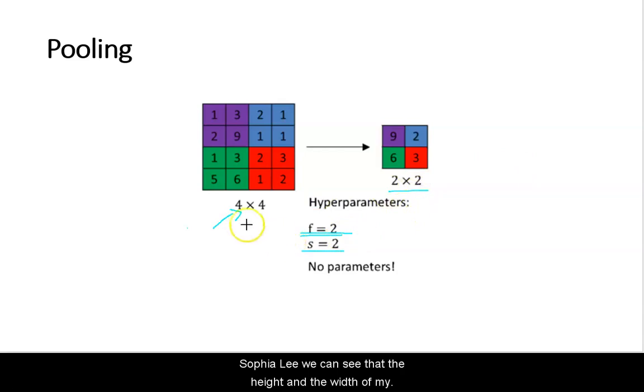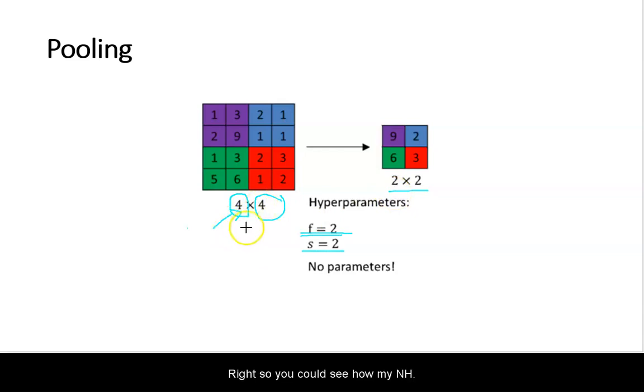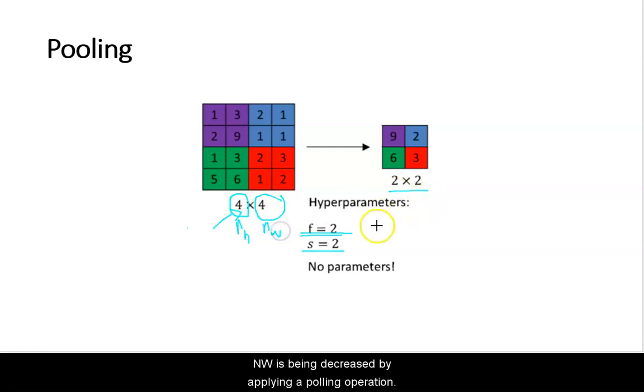So clearly we can see that the height and the width of my input image is now decreased to half. Right? So you could see how my NH and NW is being decreased by applying a pooling operation.